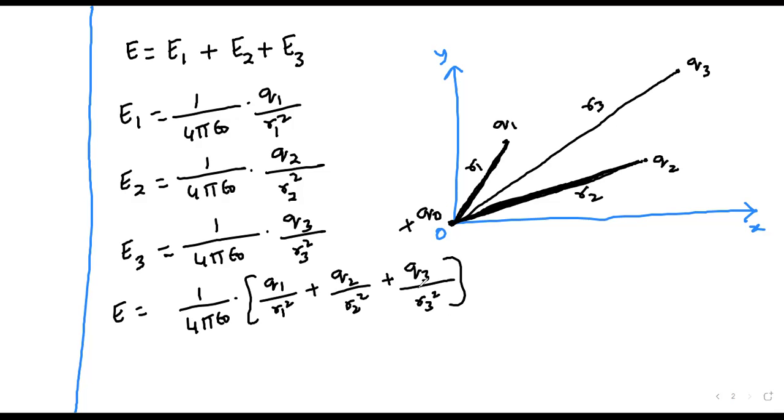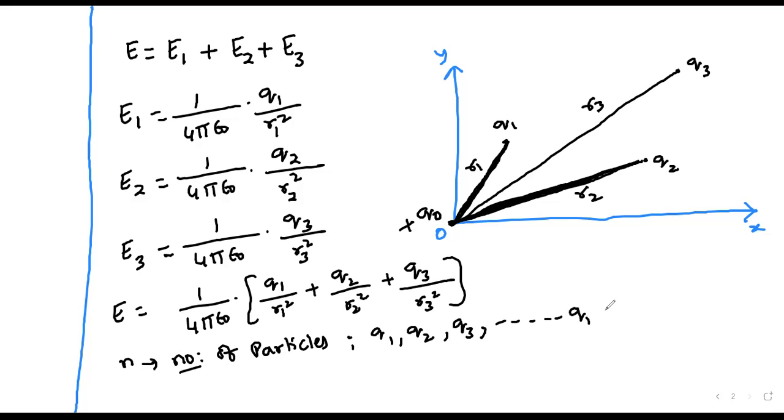Suppose we are having a number of particles with the charges Q1, Q2, Q3 and so on to Qn, and the position vectors are given as R1, R2, R3 and so on to Rn.